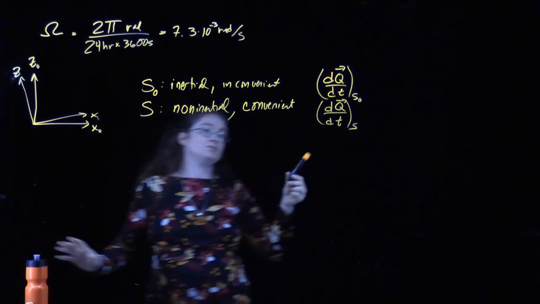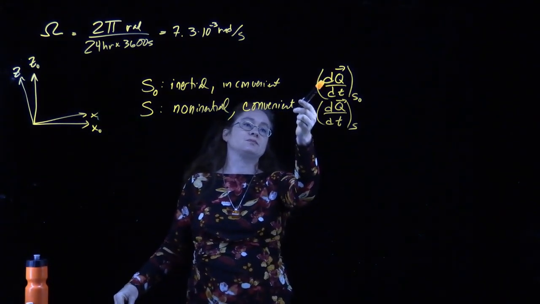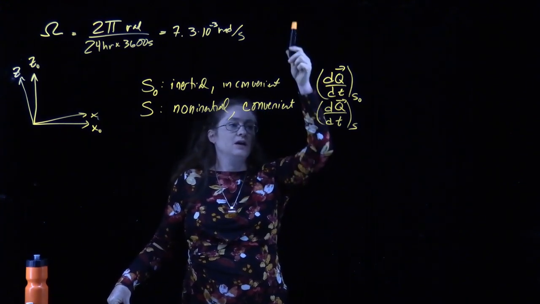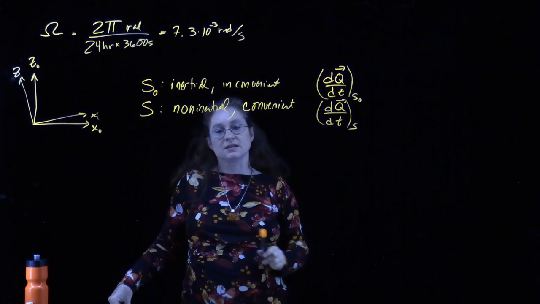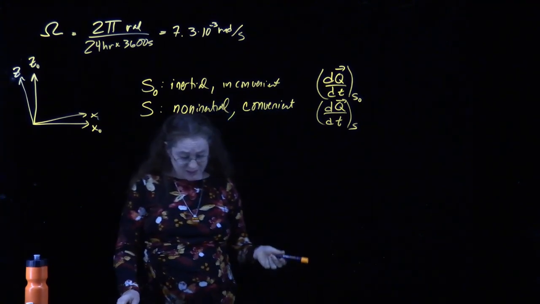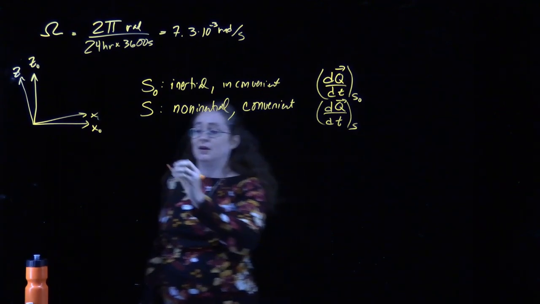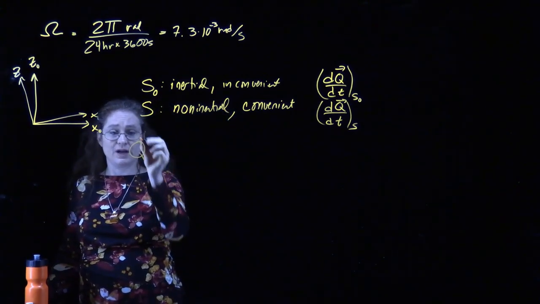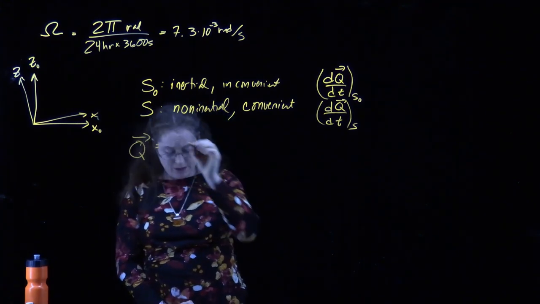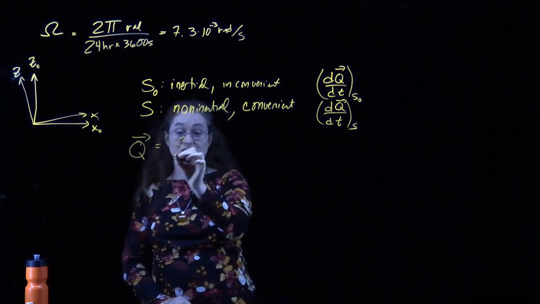If I, for instance, am talking about the velocity, which is an example of the vector q, I want to relate the velocity in the inertial frame to what I actually see on Earth, because I'm going to see something slightly different on Earth. I can always write vector q in terms of basis vectors.